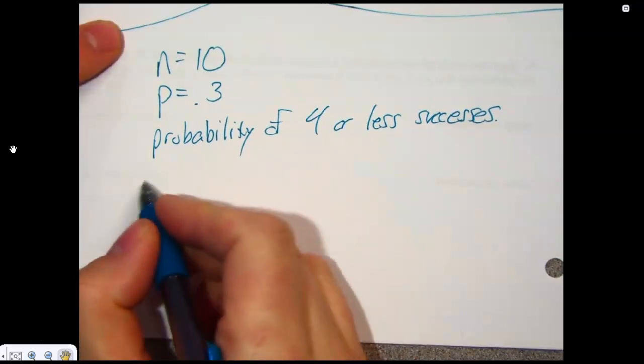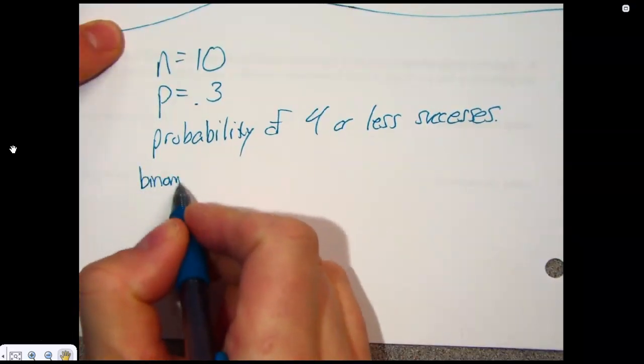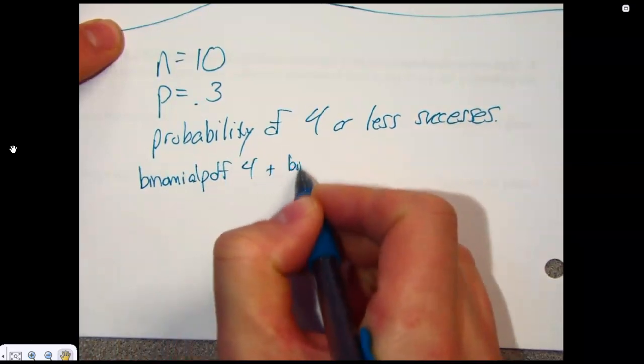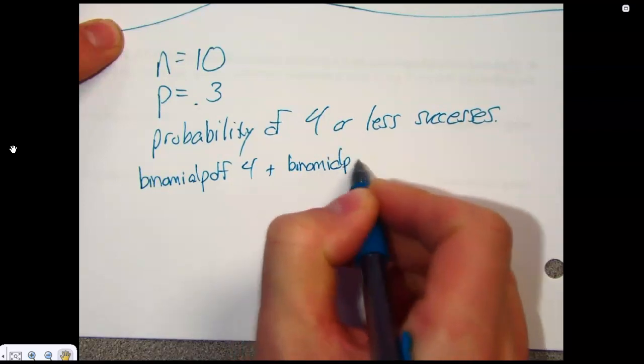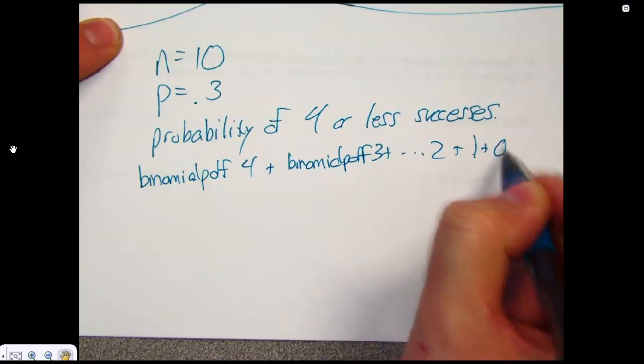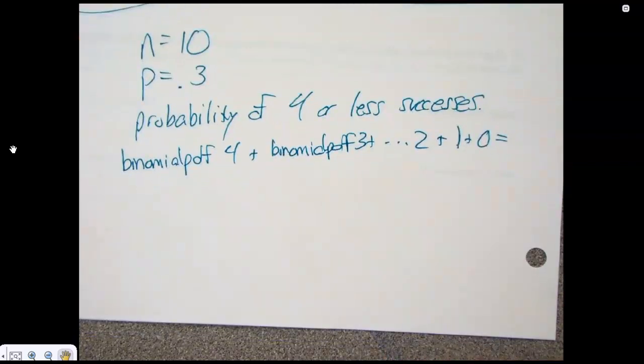So you could do binomial PDF of 4 plus binomial PDF of 3 plus 2, 1, 0. But that's a heck of a lot of typing. It's just kind of a pain in the butt.